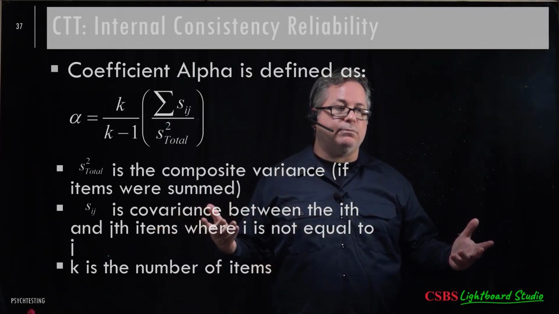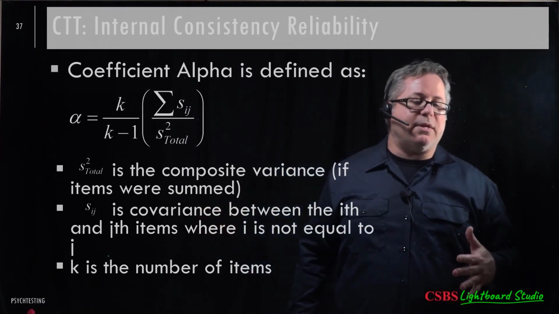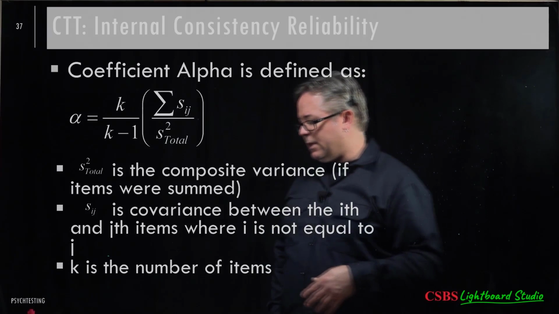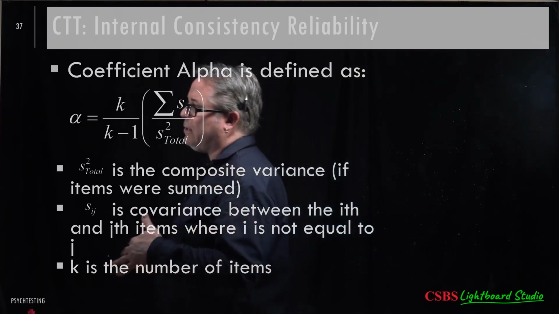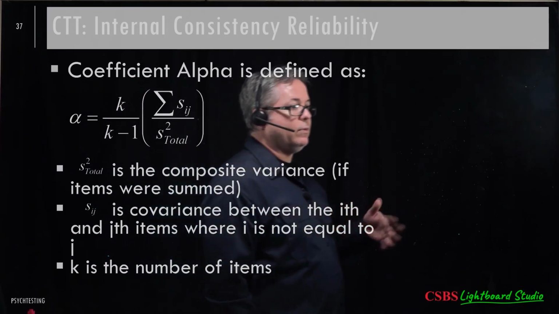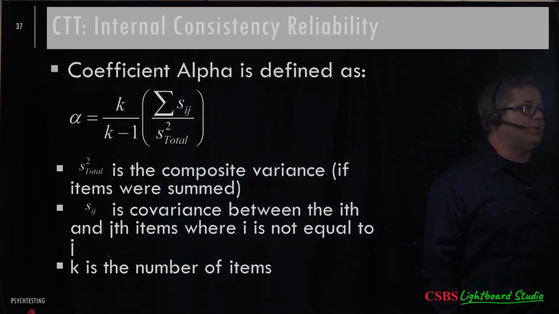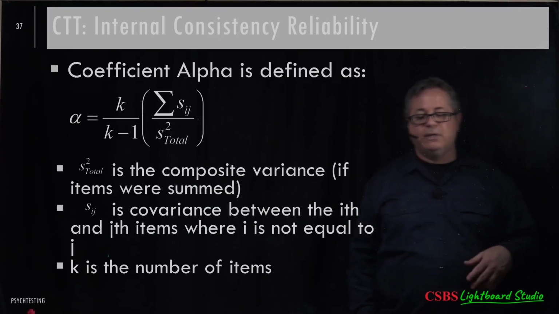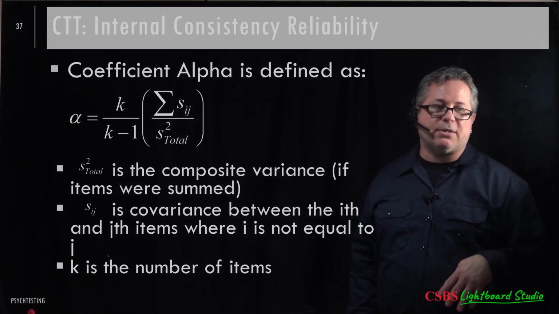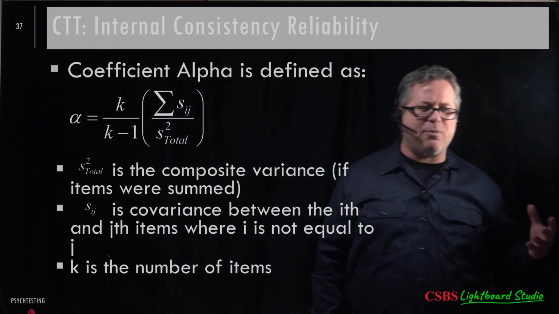That's it. It's a thing that gets used all the time. People report Cronbach's alpha for reliability on multiple item scales every day, all over psychology and the social sciences, because it's a way of measuring whether or not items hang together. Are they all measuring the same thing?